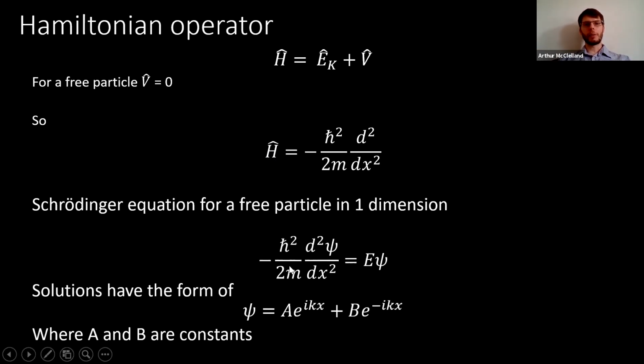So minus h bar squared over 2m d squared psi/dx squared equals E psi. And solutions to a differential equation like this come in the form a e^(ikx) plus b e^(-ikx), where a and b are constants. So I did the two subproblems where we set a equal to 0 and where we set b equal to 0.